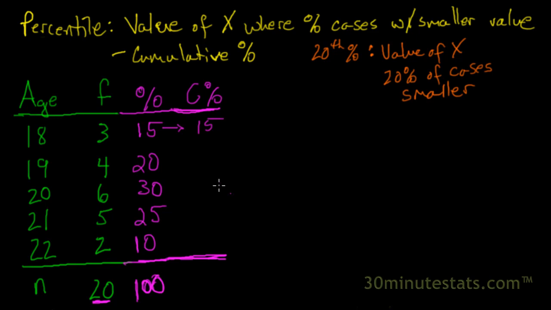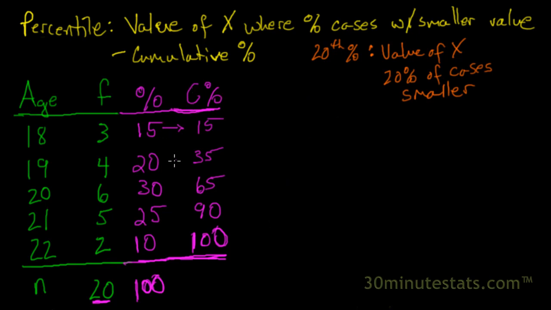This is 15. And now we'll just create this running total column of all the percentages. So we'll add 20 to 15 to get 35. We'll add 30 to 35 to get 65. Then we'll add 25 to 65 to get 90. And we'll add 10 to 90 to get 100. Okay, so now we've got our cumulative percentage column.